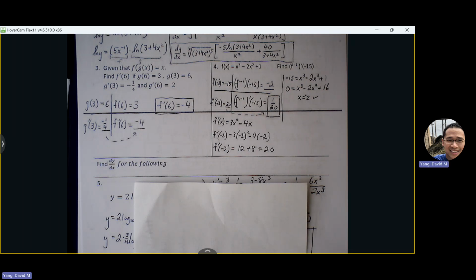Number 5, we have a log function, but we treat it like natural log, right? At the beginning, just go through your properties, expand all that you can, and then your derivative rule for log base a is a little bit different. Still u prime over u, but it's a little bit of extension in front.